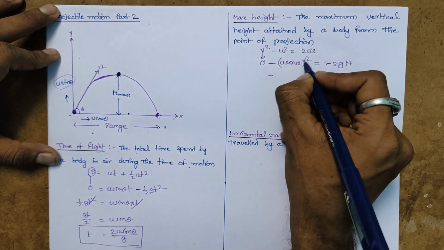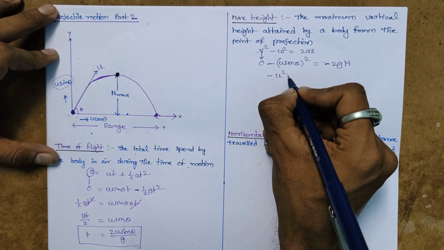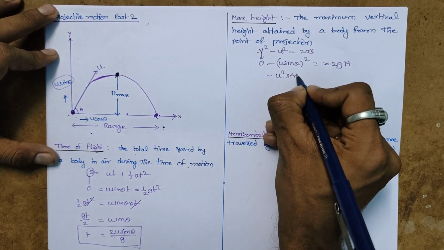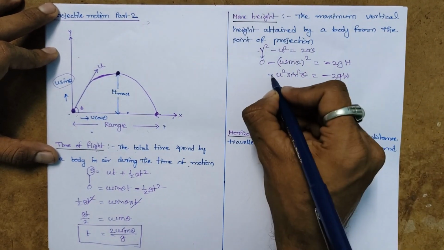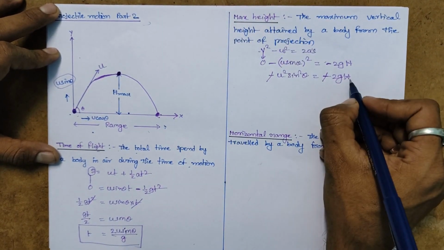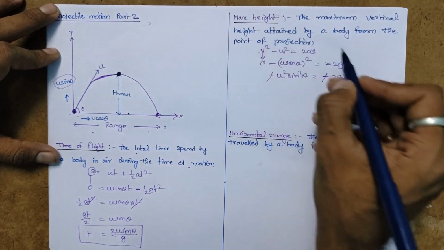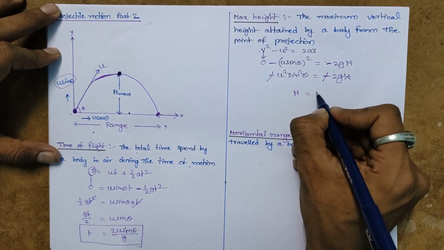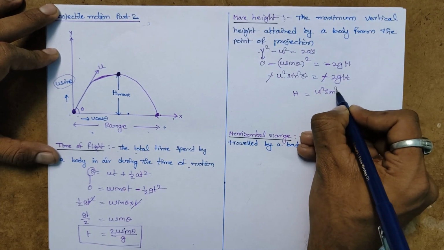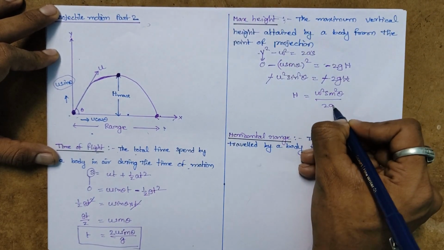So minus u square sin square theta is equal to minus 2gh. The minus on the left side and minus on the right side cancel. We are going to calculate maximum height, right? So bring this h to the left side. H is equal to u square sin square theta by 2g.